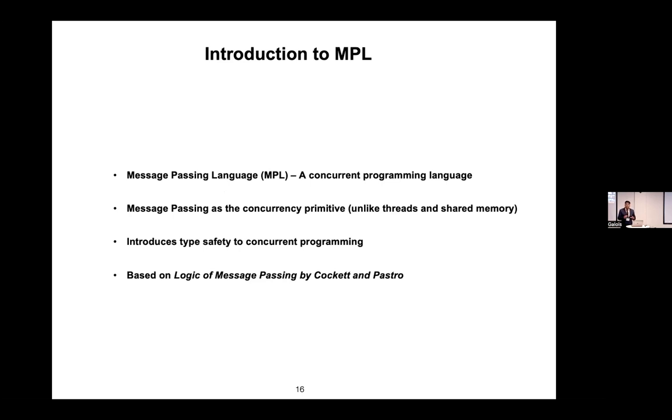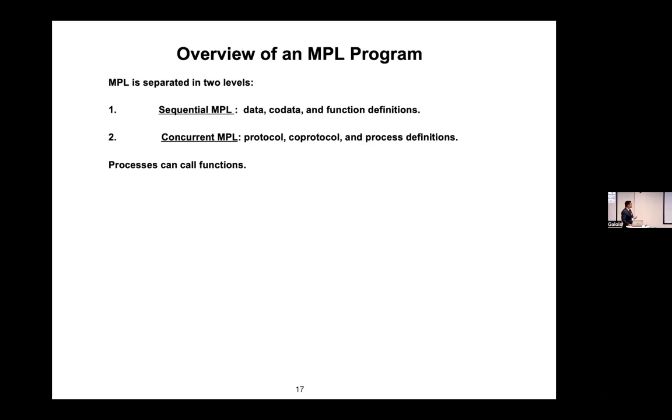And MPL introduces a notion of type safety to concurrent programming. And this work is based on a paper by Dr. Robin Cockett and Craig Pastro called Logic of Message Passing. So MPL consists of essentially two languages, sequential MPL and concurrent MPL.